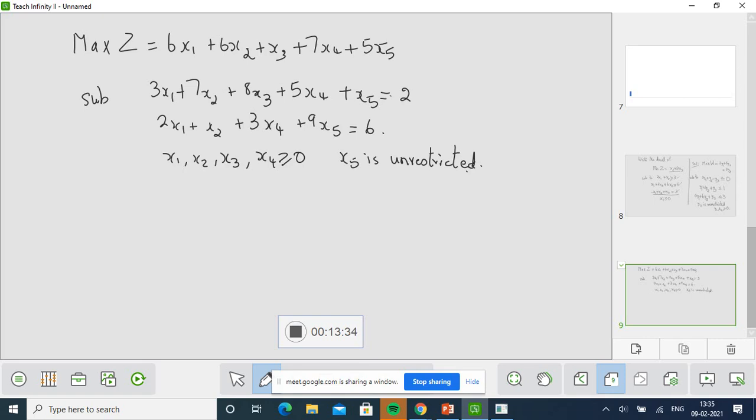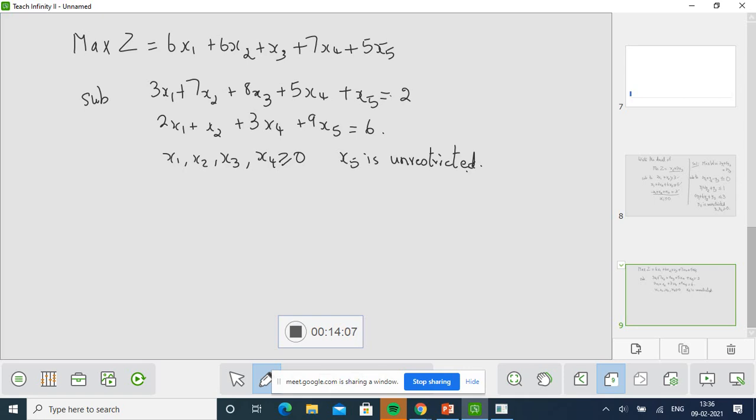Next, since all the constraints in the primal are equality, all the dual variables are unrestricted in sign.